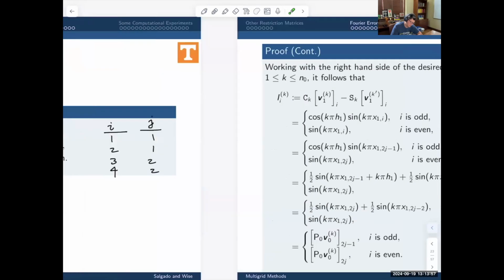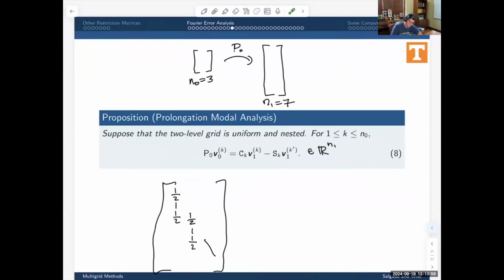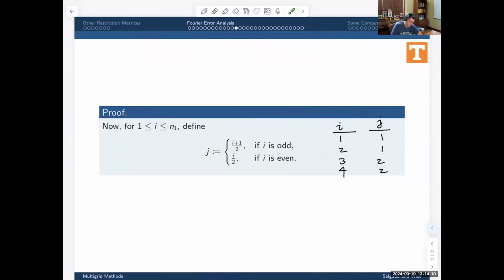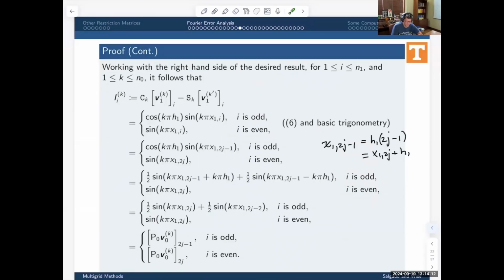So if I go back to my matrix, then basically I'm getting out this row and this row, or this row and the next one, which is going to be 1/2, 1/2. And so what this shows is that, according to whether I is odd or even, I get the rows that I would expect to get from the prolongation matrix.